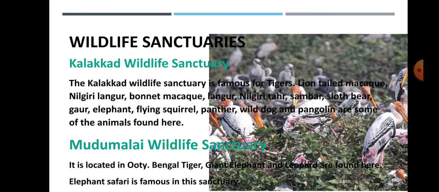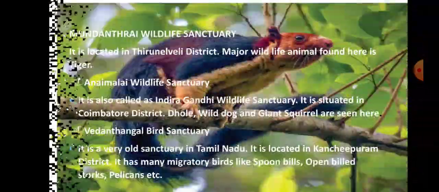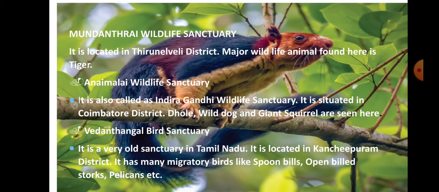Okay, so the next one we are going to discuss is Anamalai Wildlife Sanctuary. It is also called Indira Gandhi Wildlife Sanctuary. It is situated in Coimbatore.